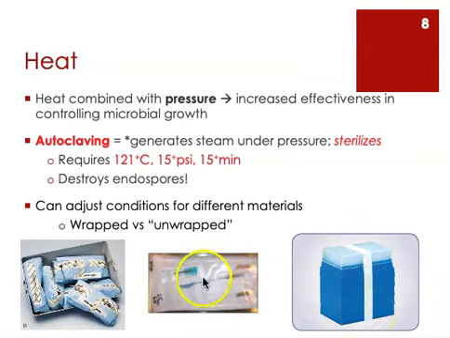This is autoclave tape, and this tape is treated so that when the correct conditions are met, when you hit at least 121 centigrade and at least 15 psi for at least 15 minutes, you're going to get black bars appearing on this autoclave tape. You can see those bars over here on the left. So that tells you that these packages have already been autoclaved.